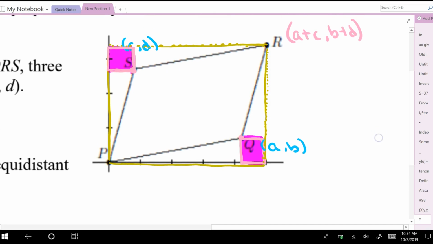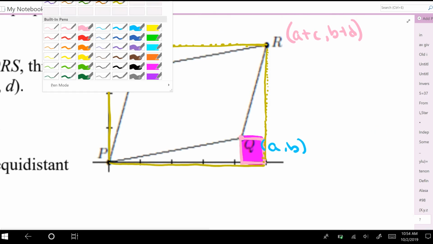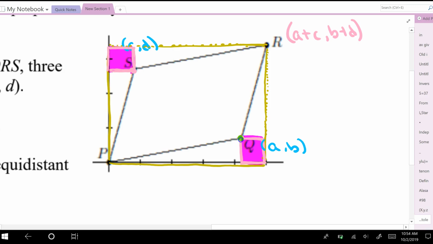Well, let's see. I'm going to do some thinking to myself here. And I see that if this is the point AB, that means this distance is A, right? And of course, this distance here has to be C, because the entire distance is, look at this, let's drop it down here.